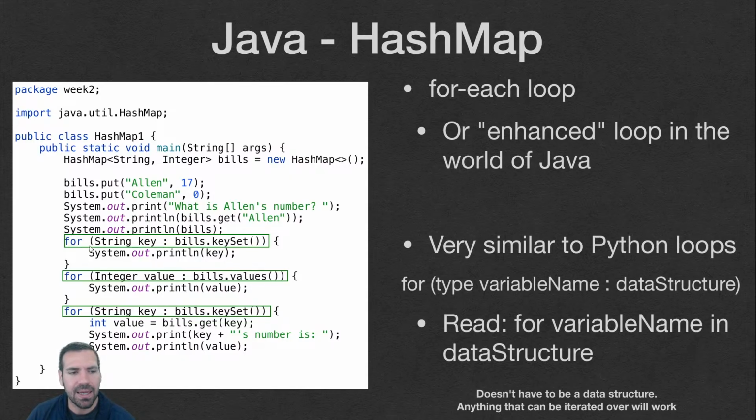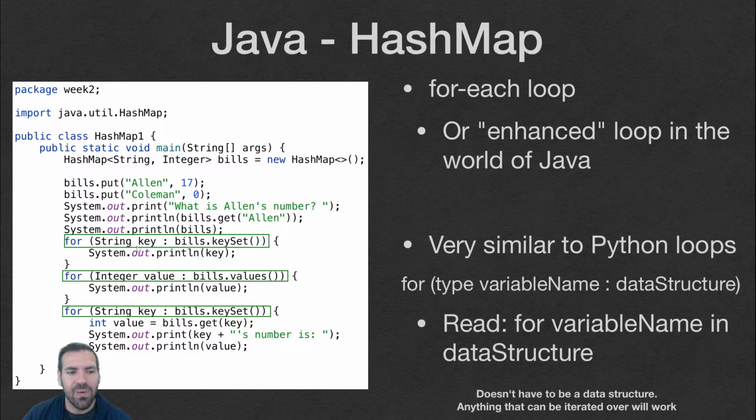If you're not coming from Python, this is declaring a variable and then iterating over all of the values in a data structure and storing them one at a time in that variable. So in the example we just saw with an ArrayList, where we were iterating over the indices and then accessing the value for each index, instead, what we're doing is iterating over the data structure directly, doing almost the same exact thing, but a lot cleaner.